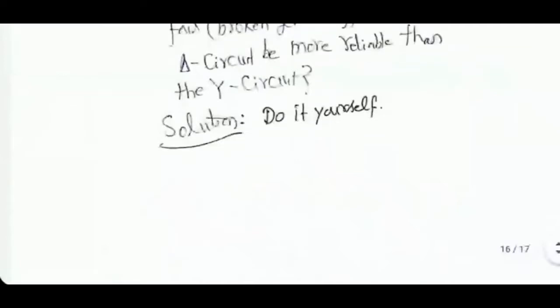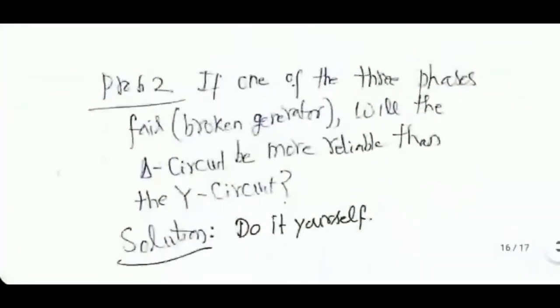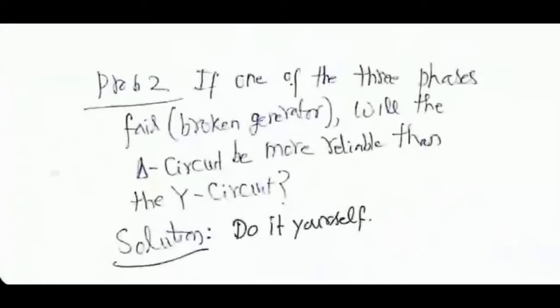Okay, this problem, you may want to think about it. Then I'm going to stop. If one of the three phases fails, that means a generator gets broken, will delta circuit be better or will Y circuit be better?